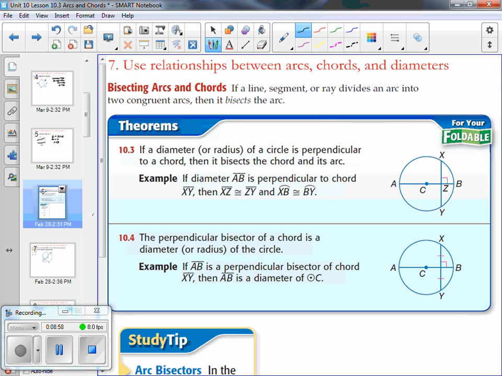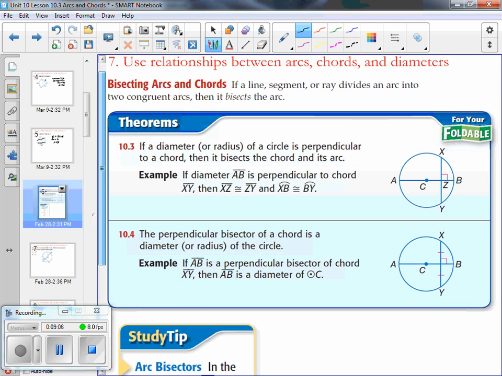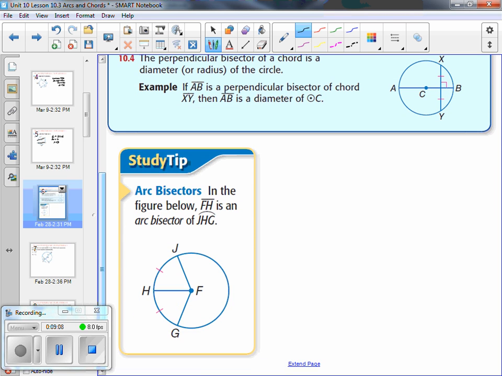So when an arc gets cut into two equal halves, it's bisected. Just like a segment can get bisected and an angle can get bisected. And I copied the study tip on here. We call the line, ray, or segment that cuts the arc in half an arc bisector. Okay? Just like we have segment bisectors and angle bisectors, now we have arc bisectors.